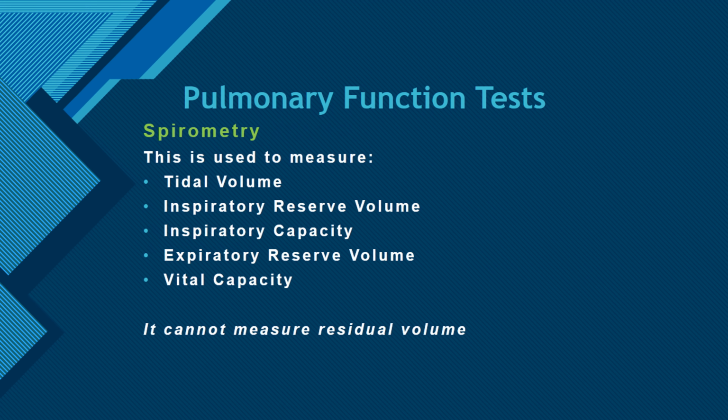Spirometry. It is the instrument used to measure the following lung volumes: tidal volume, inspiratory reserve volume, inspiratory capacity, expiratory reserve volume, vital capacity. It cannot measure residual volume, therefore any lung volume which requires measurement of residual volume, that is functional residual capacity and total lung volume, cannot be measured by spirometry.